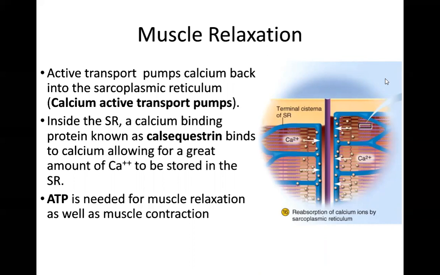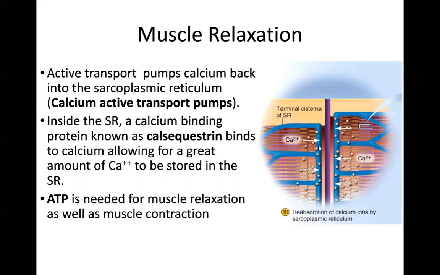So we no longer see our yellow arrows traveling down the T-tubules, which means no calcium is going to be released from the sarcoplasmic reticulum. And the calcium that's in the cytoplasm gets pulled out of there and put back where it came from.